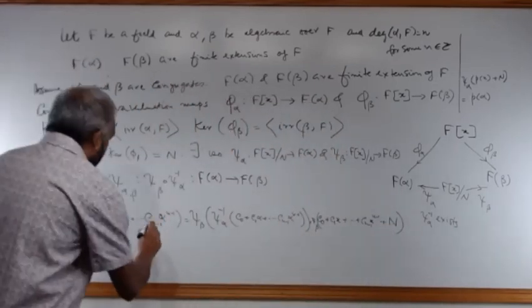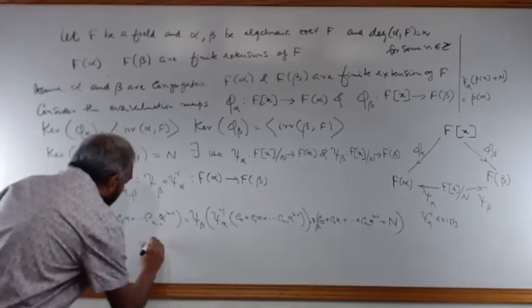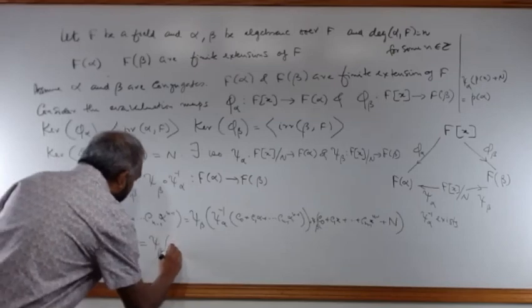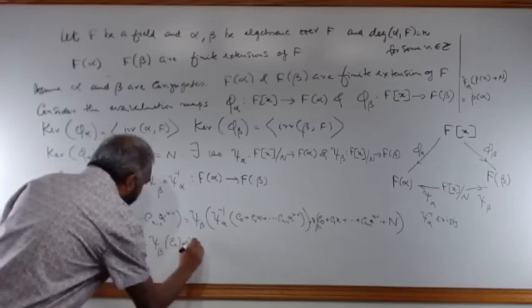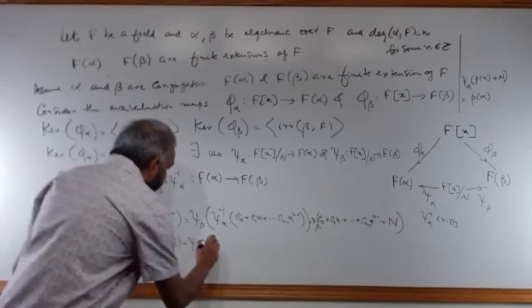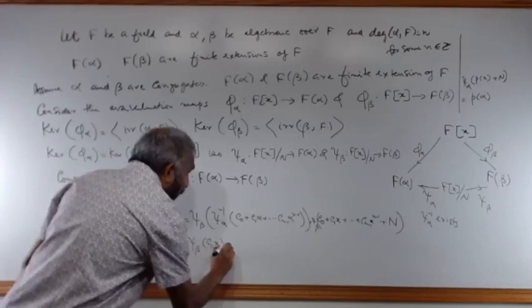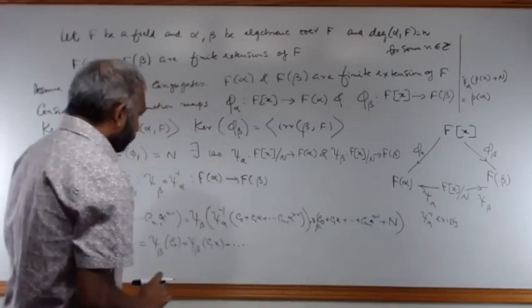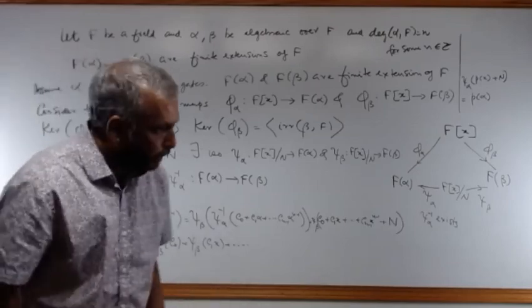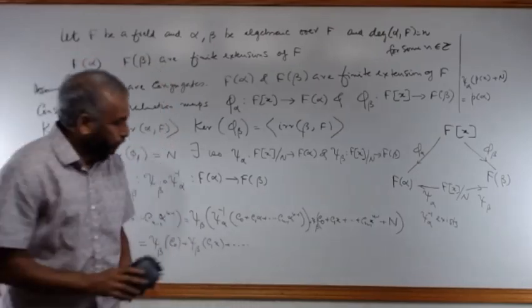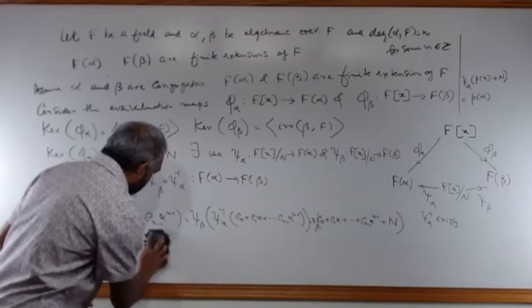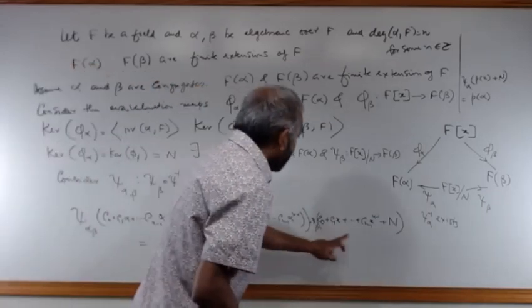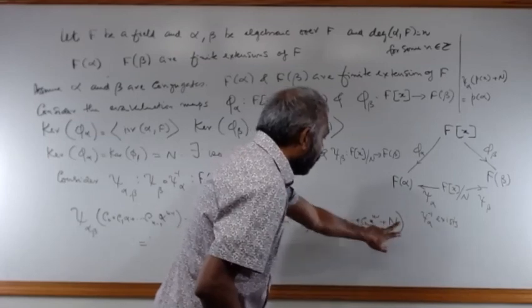So what does this mean? This means psi of beta of c0 plus c1 x plus dash dash dash, or you can say this is going to be, replace x by beta and take out this n.